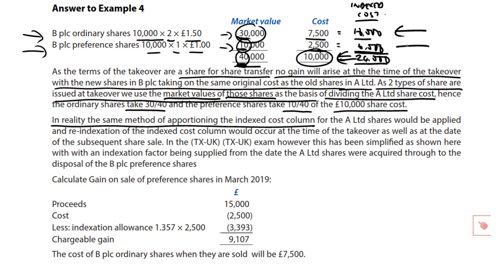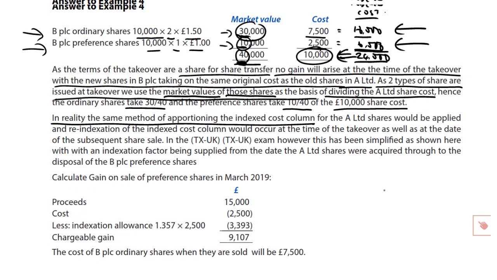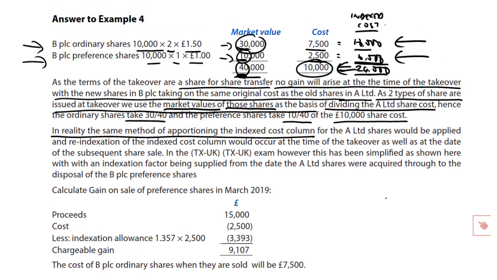And those figures, as of July 15, would go into a new share pool for the ordinary shares and separately for the preference shares. So on your ordinary shares, for example, you would have 10,000 times 2 equals 20,000 shares that were deemed to have cost £7,500 and which at July 15 had an index cost of 18,000.